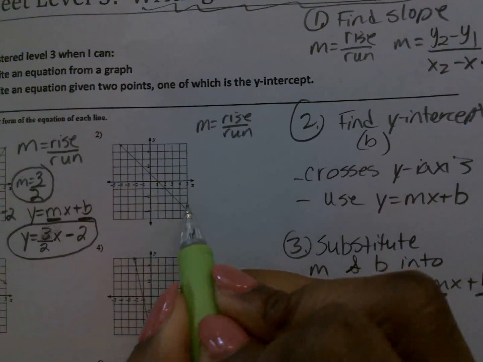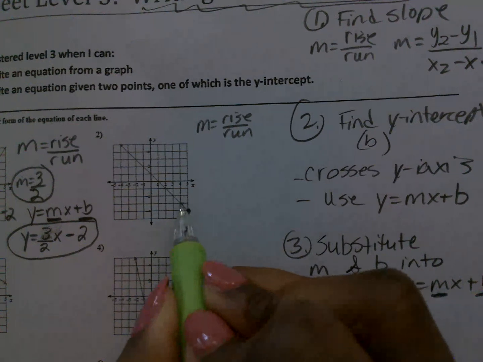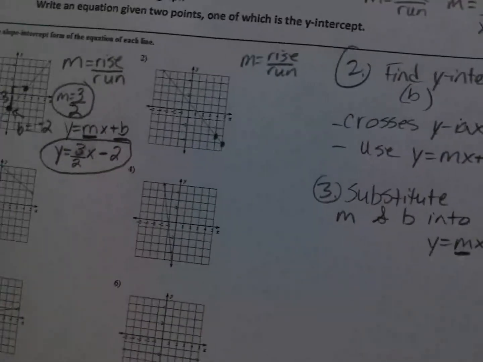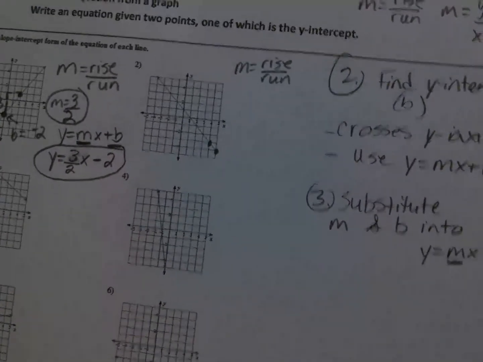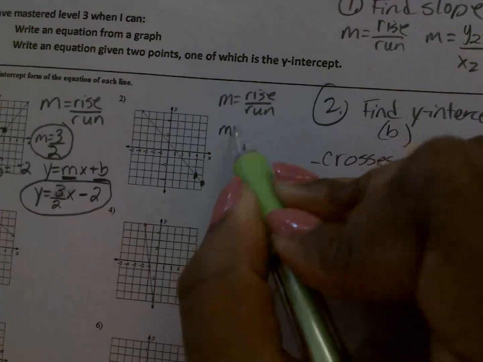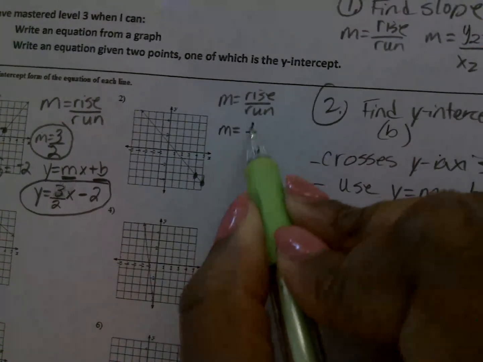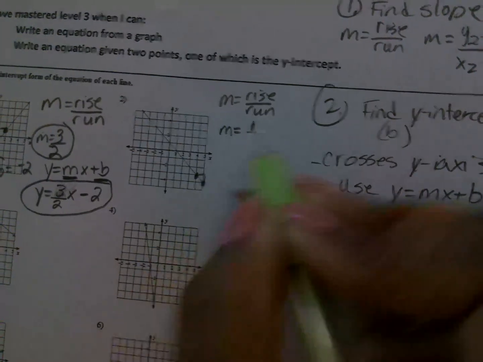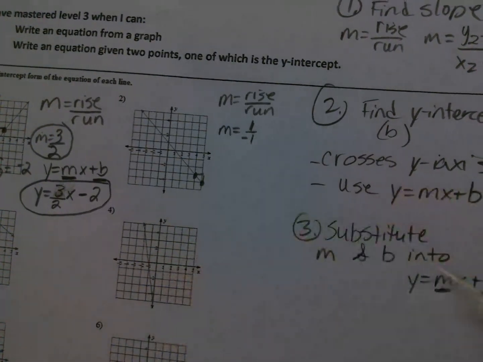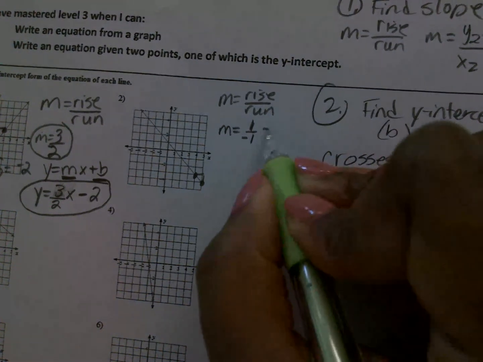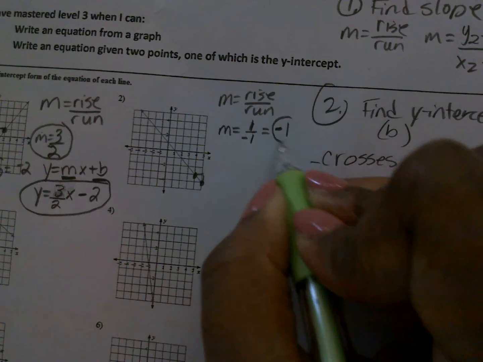So I'm going to choose this one here and this one here. Now when I go rise over run, I go up 1, which is a positive 1. And I go to the left 1, that's a -1 because left is negative. So positive 1 divided by -1 is going to be -1 for my slope.